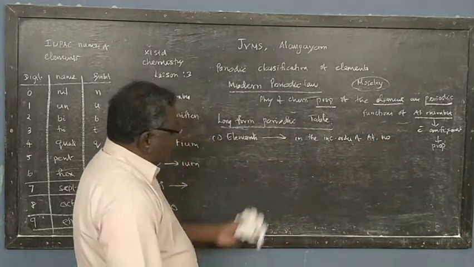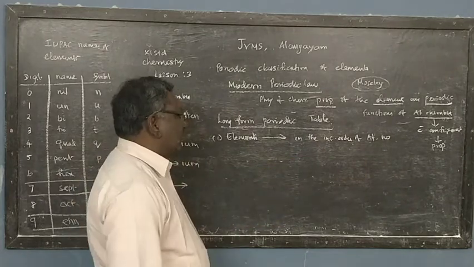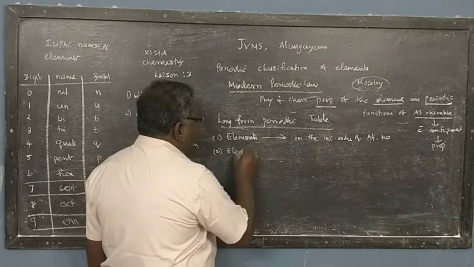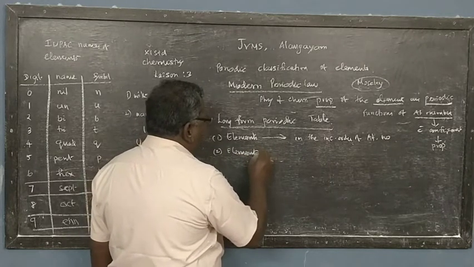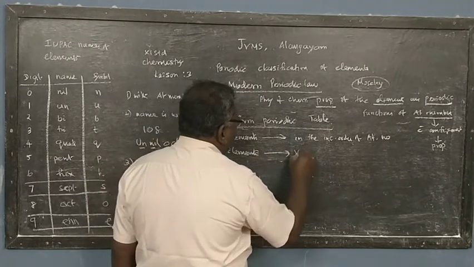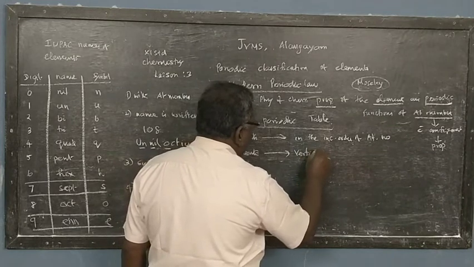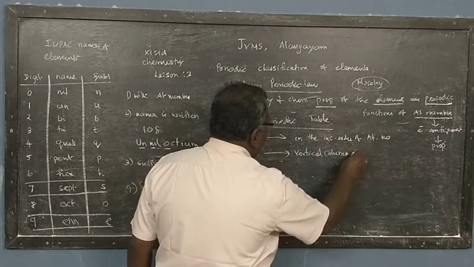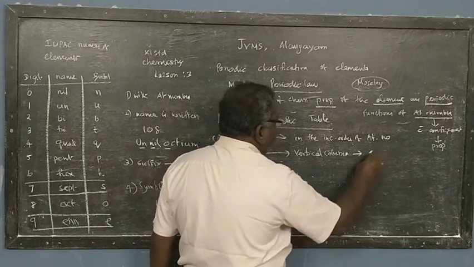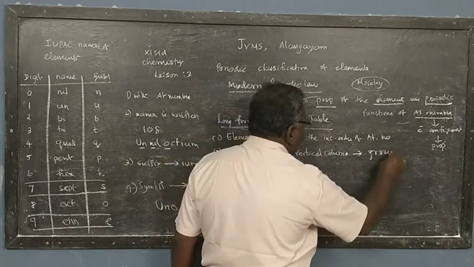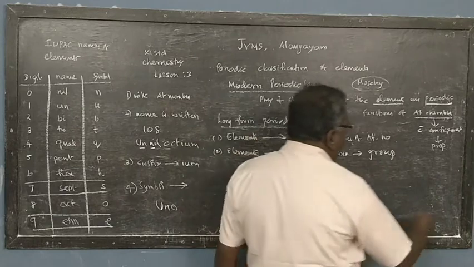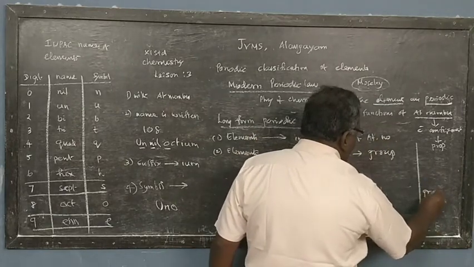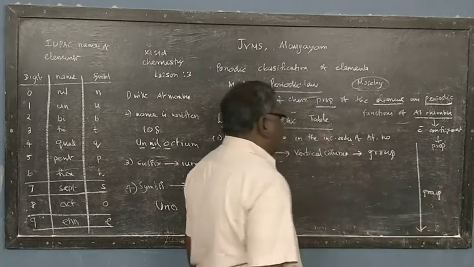The elements which are placed in a vertical column are called groups. A vertical column means going from top to bottom. This is called a group in the modern periodic table.